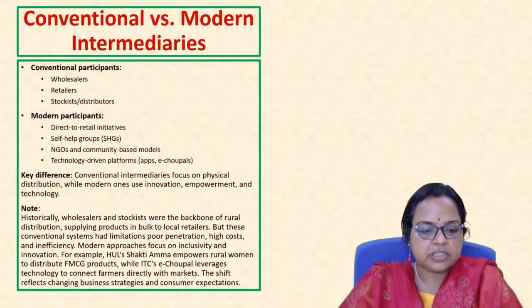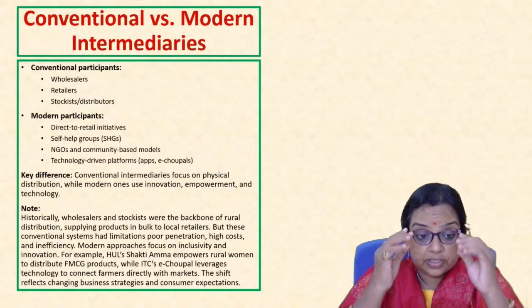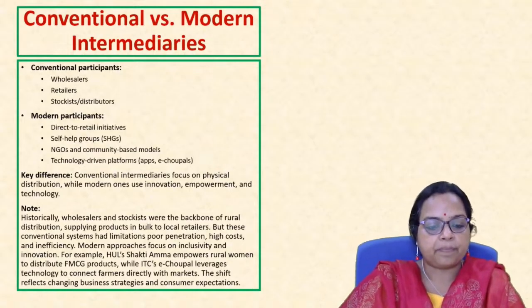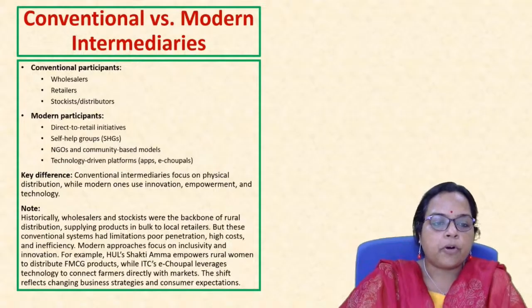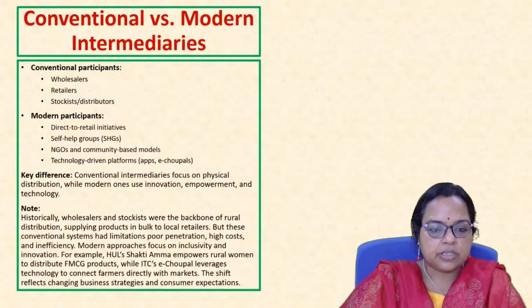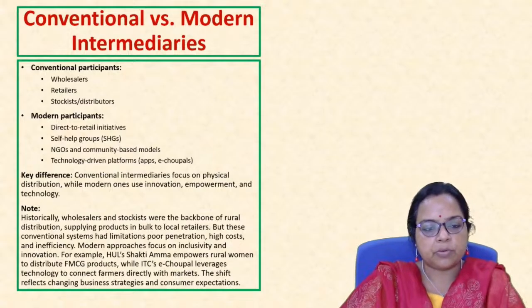But this conventional system had limitations, such as poor penetration due to high cost and inefficiency in reaching customers on time. Beyond conventional participants like wholesalers, retailers, and distributors, modern participants are also available nowadays, like direct-to-retail initiatives, self-help groups, NGOs, community-based models, and technology-driven platforms.